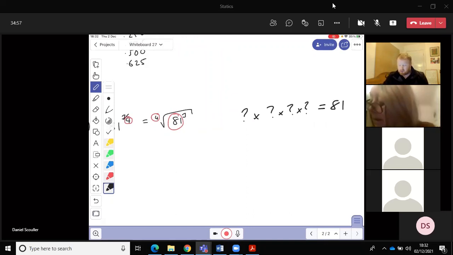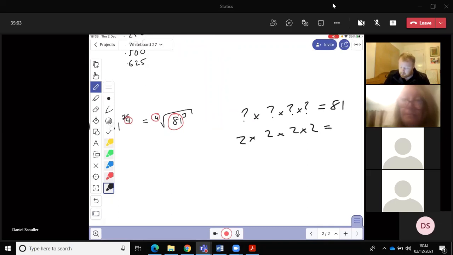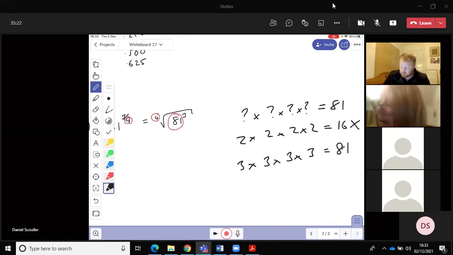It's not going to be 2 because it's not an even, but let's just work through it. 2 times 2 times 2 times 2 is 4, 8, 16, so it's not going to be that. It's going to be 3 times 3 times 3 times 3. 3 times 3 is 9, times 3 is 27, times 3 is 81. So the answer is 3.